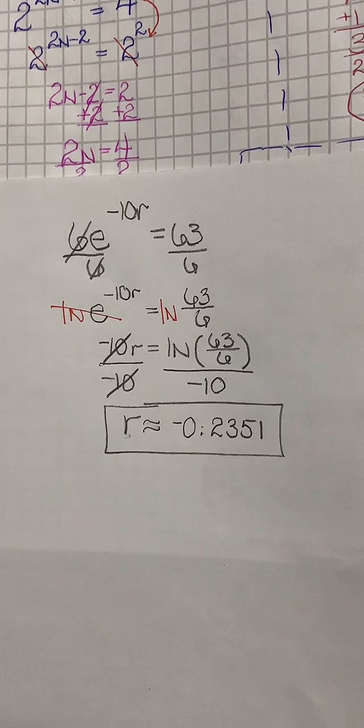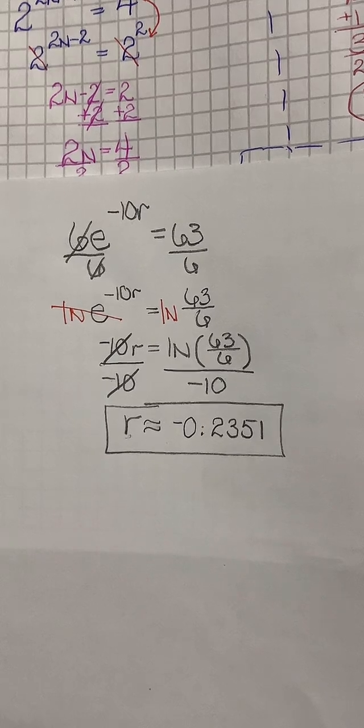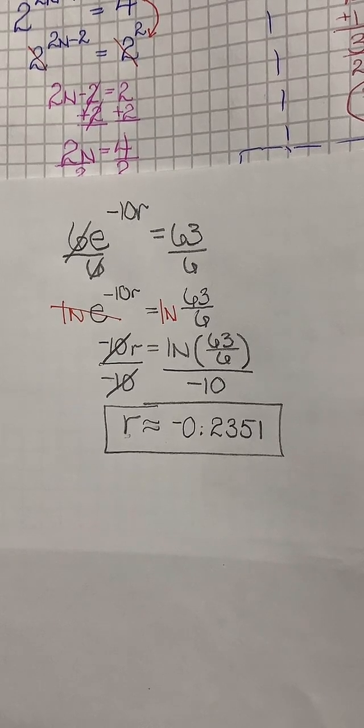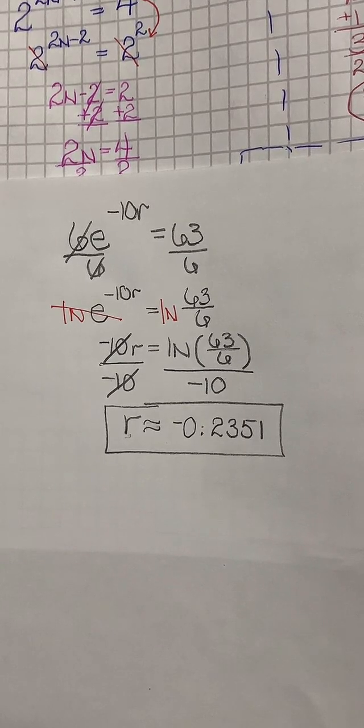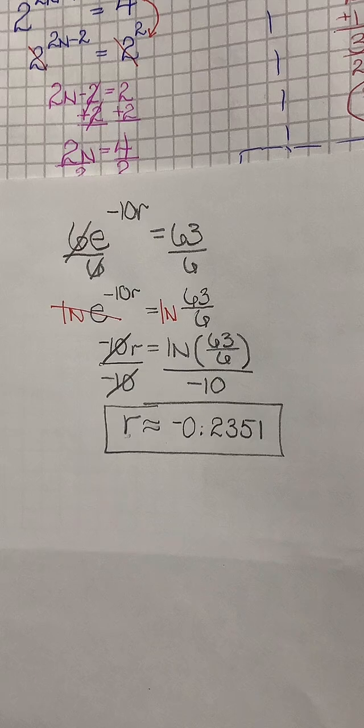Oh, yeah, you don't want to have a negative outside the natural log, because then you're going to have to divide afterwards. Nah, that's too much. I mean, you can, because you're going to get the same. Well, hold on.